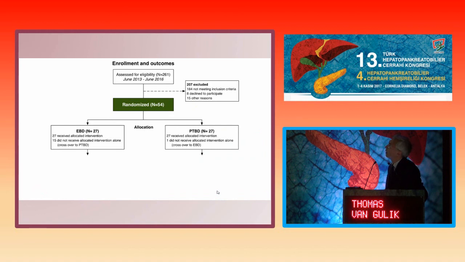So we randomized at one point 54 patients, 27 had EBD and 27 had PTBD. Please note that of those 27 patients who had the EBD, 15 had to be switched to PTBD. So they crossed over, but because of the intention-to-treat analysis, they stayed in the EBD group.